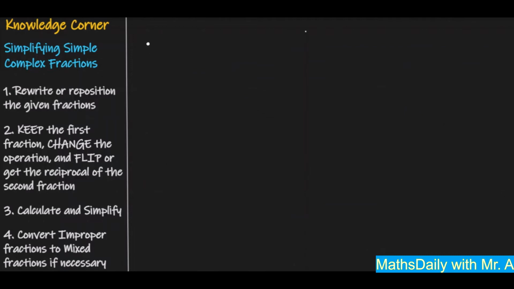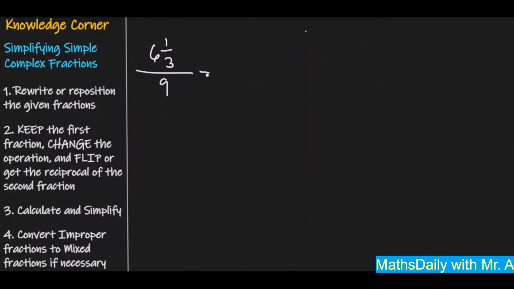Let's have another example. This time, let's have a mixed number. 6 1/3 divided by 9. In this equation, we need to convert the mixed fraction to an improper fraction before we proceed to calculation. So let's convert 6 and 1/3.